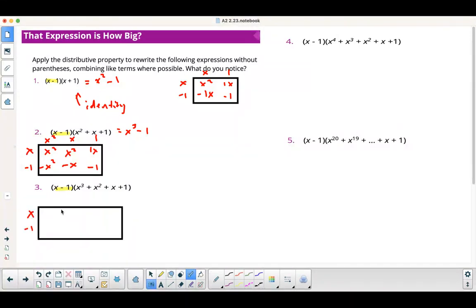x minus 1, x cubed, x squared, x and 1. So you start to see the pattern here that these end up canceling out.